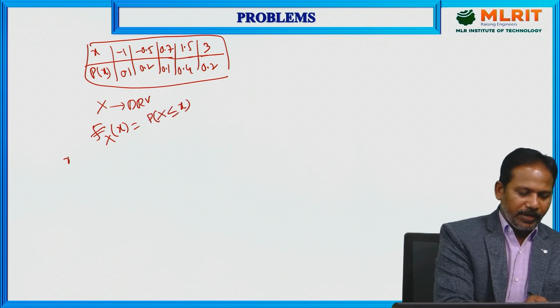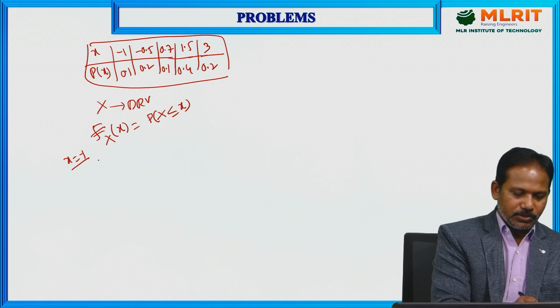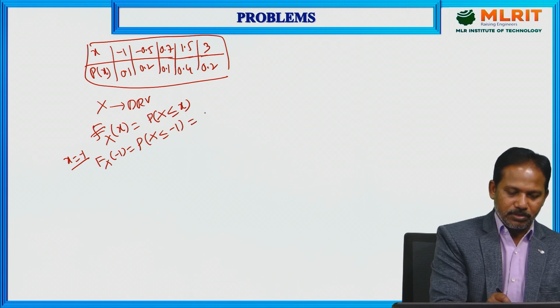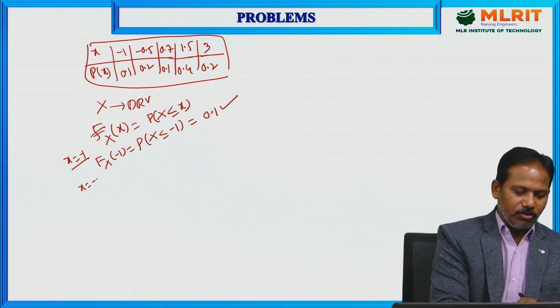Now I need to find the value at x equal to -1. So capital Fx of -1 is equal to p of x less than or equal to -1, so my probability is 0.1 only. Next, x equal to -0.5.